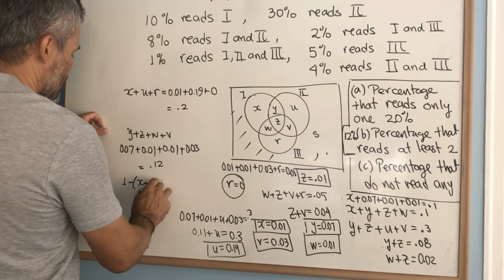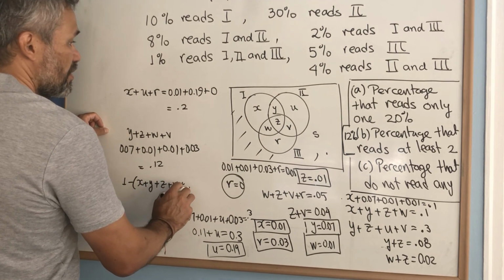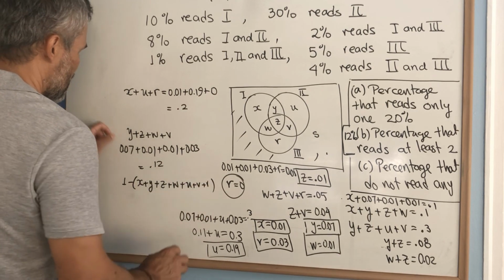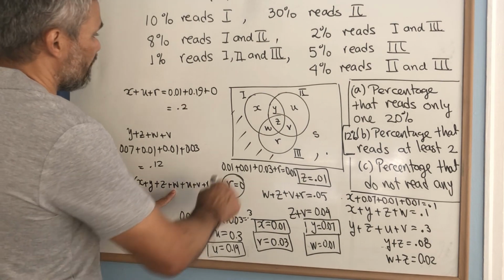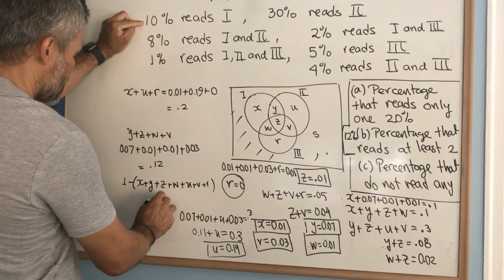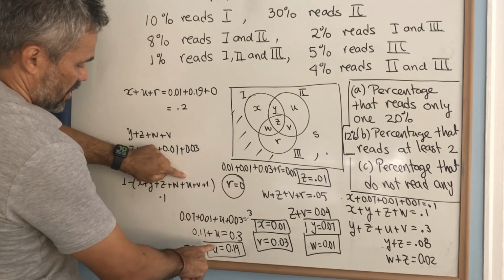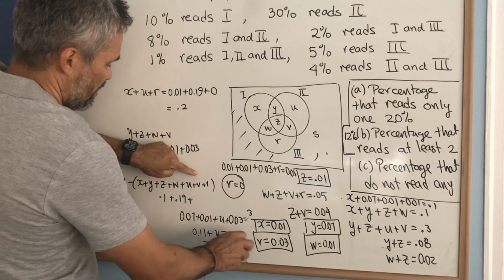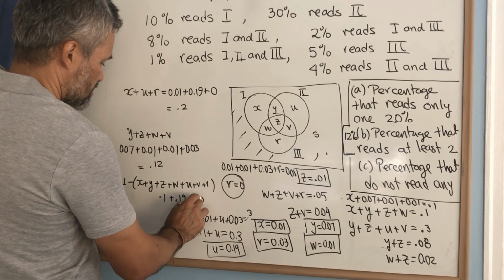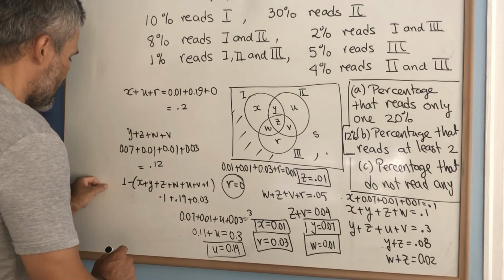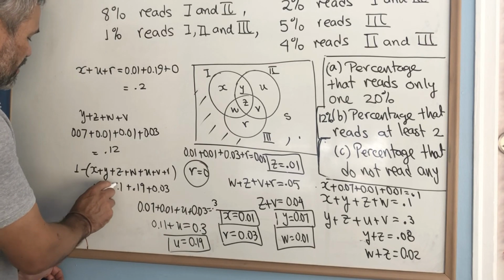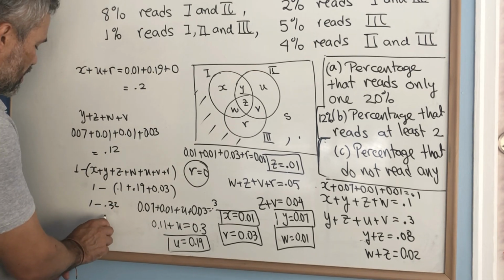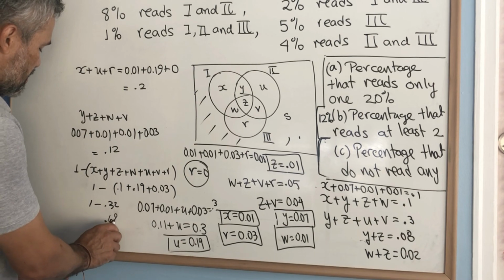X plus Y plus C plus W plus U plus V plus R. Notice that X plus Y plus C plus W is 10%, and U is 0.19, and V is 0.03, and then it will be 1 minus 0.32, and this is 0.68.